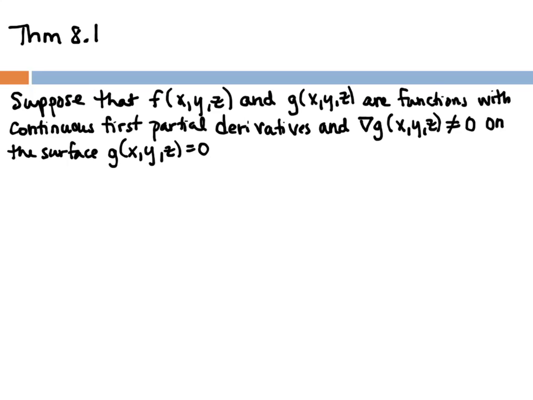So the gradient, which is these partials, is not equal to 0 when the surface is equal to 0.